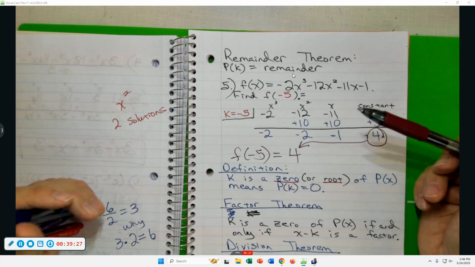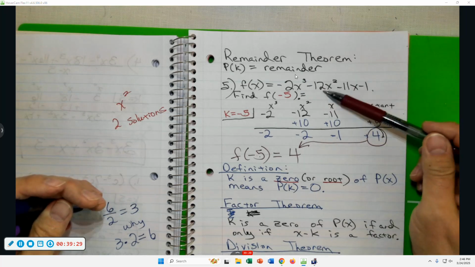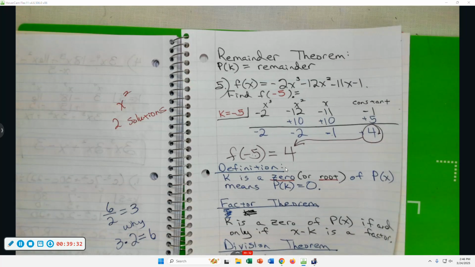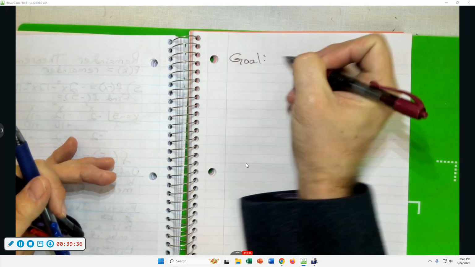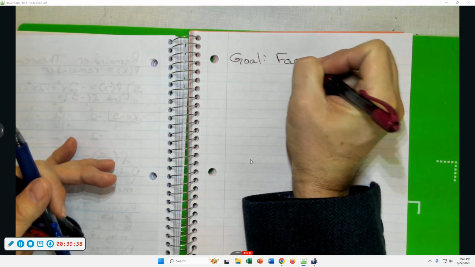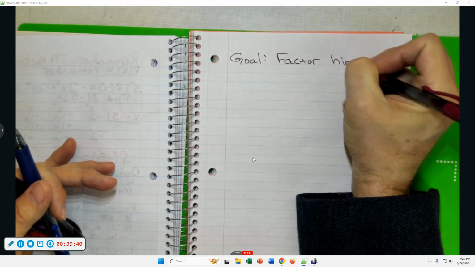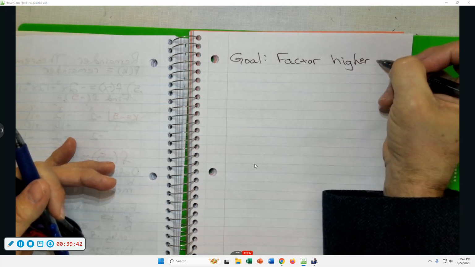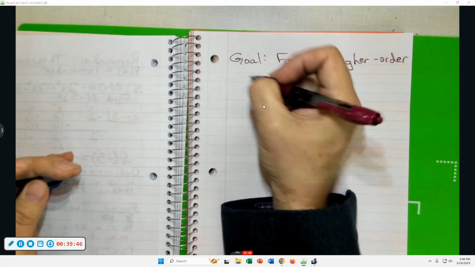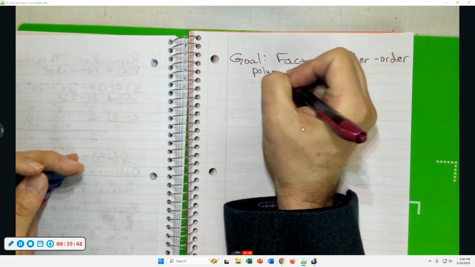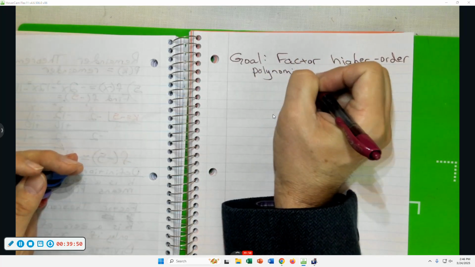We haven't factored anything with higher exponents than just a 2. Our goal now is to factor higher order polynomials, to get a process that we can use to factor them. Really, I should say higher degree.